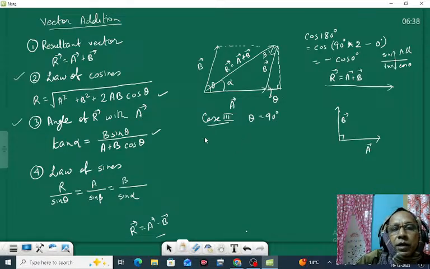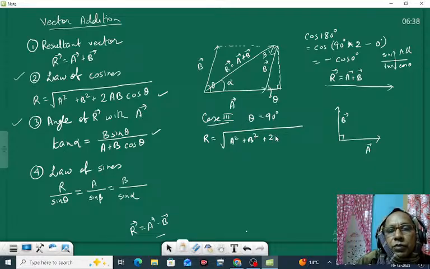What will be the resultant? In the same way, the resultant will be root over A square plus B square plus 2AB cos 90. And you know that the value of cos 90 is 0.